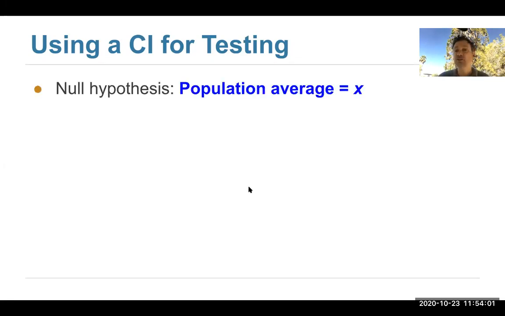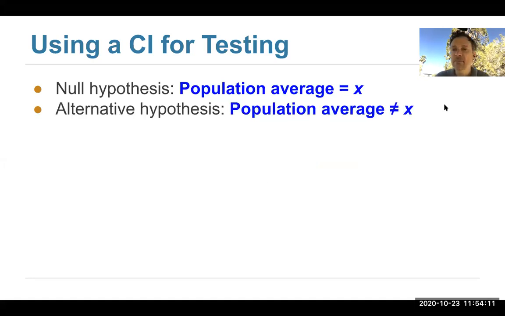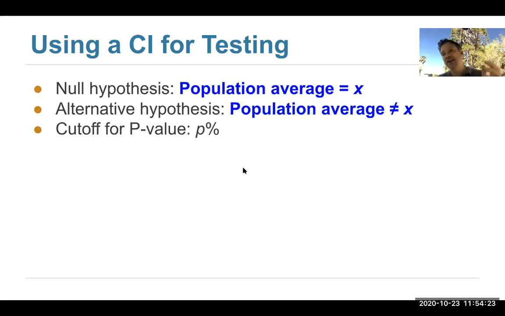Okay, so suppose that I have a null hypothesis that looks something like this. My null hypothesis is that the population average is 27. And my alternative hypothesis is the population average is not 27. Suppose I want to do a hypothesis test of that, and I have a cutoff, maybe a 5% cutoff. Well, then you can use a confidence interval to do this hypothesis test.